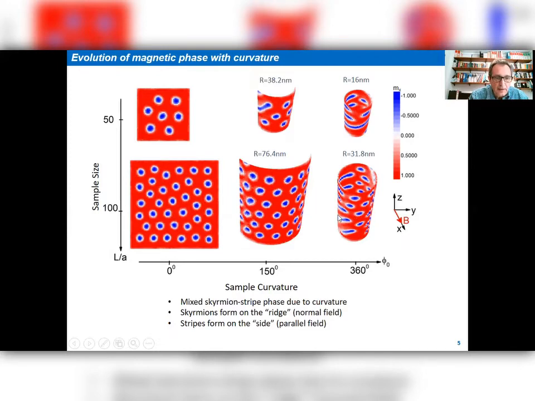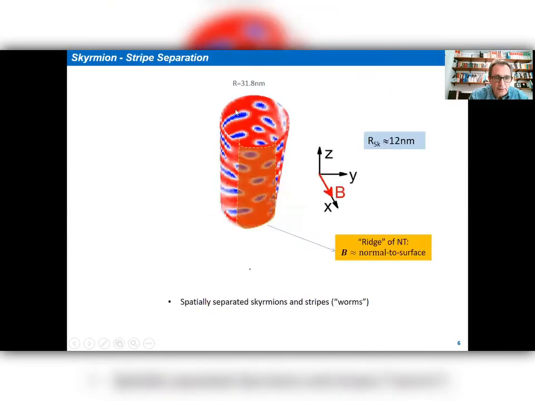Now, if you look more carefully at the last picture, it is clear that both types of skyrmions, the circular ones and the elongated ones, coexist in this system. However, they are spatially separated. So this gives us the perspective that we can excite and propagate skyrmions along the ridge of the nanotube.